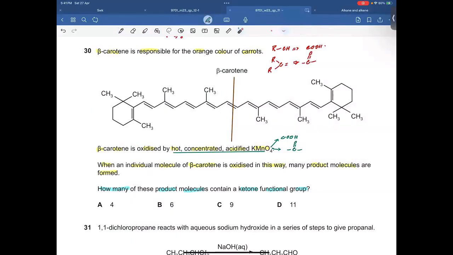So what I'm looking for is the double bonded C, so that I'll get the ketone. So this is a double bonded C. This is a double bonded C. This is a double bonded C. This is a double bonded C. And obviously, it is a cyclic ring. So when hot concentrated KMnO4 is used in this sort of scenario, this double bond breaks and the cyclic rings open. All right. So this compound ruptures the double bond and opens the cyclic ring.